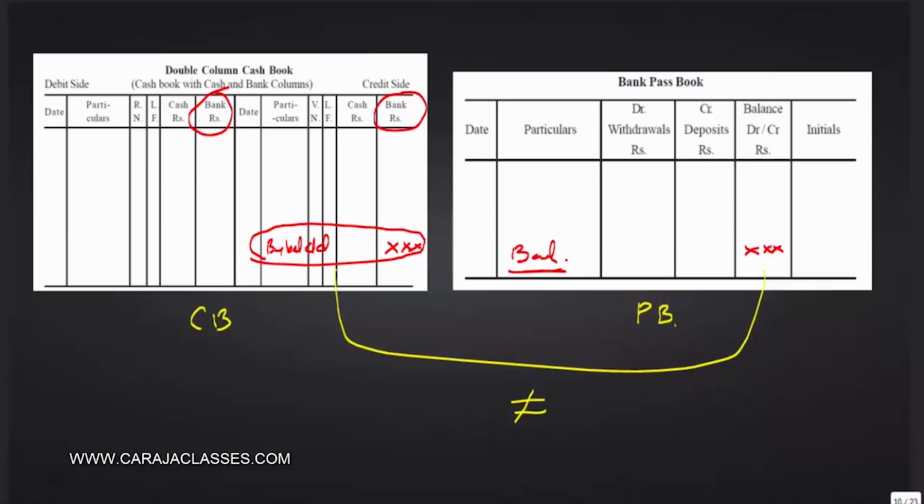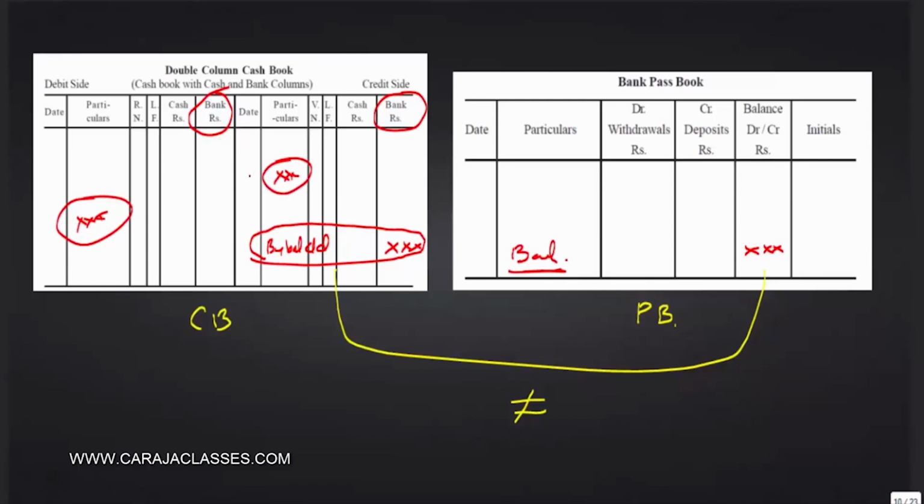And why did that happen? It may be because of the differences in recording the transactions in your cash book and the passbook. If you recollect, in one of the earlier sessions we have discussed what are the items that could be generally recorded in the receipts and the payments of your cash book and bank column.